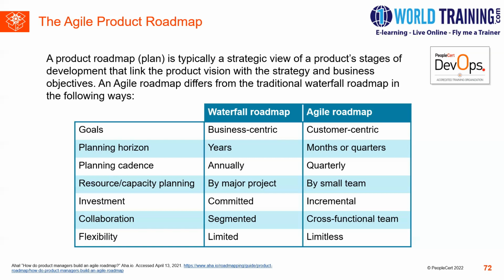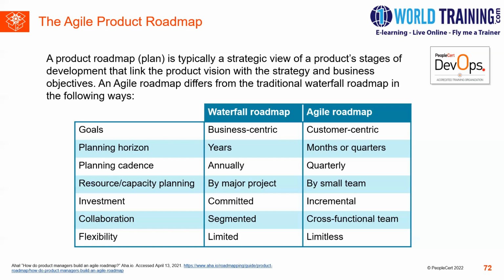You commit the resources and capacity, everything upfront. But in the Agile roadmap it is incremental, based on the increments and sprints, with additional investment agreed upon. Hence it is incremental in nature, and in the waterfall model it is all committed upfront.